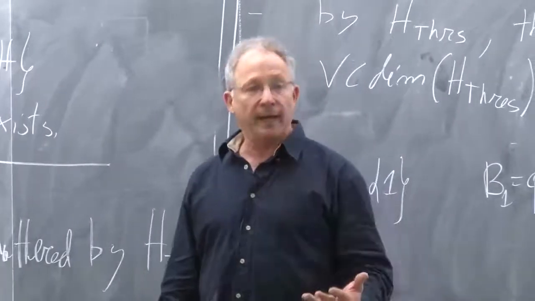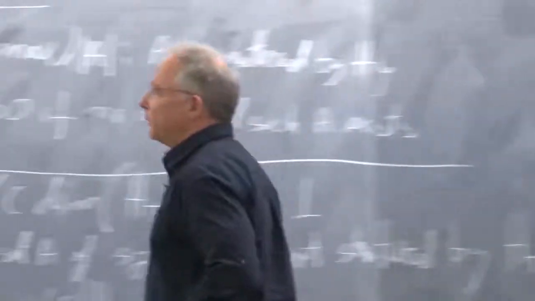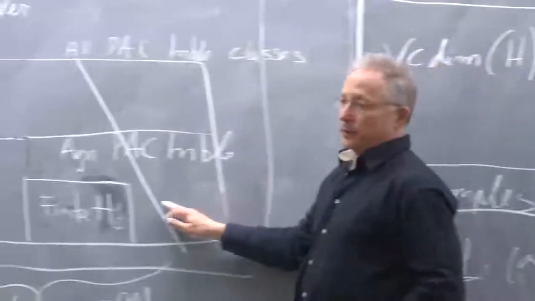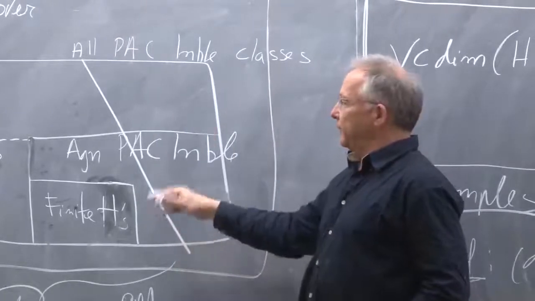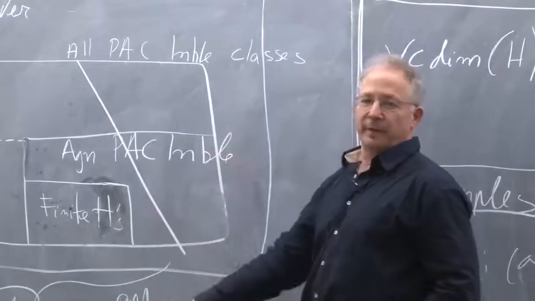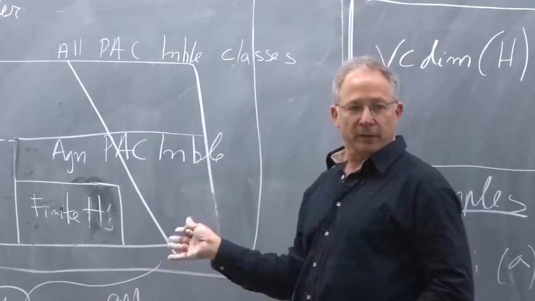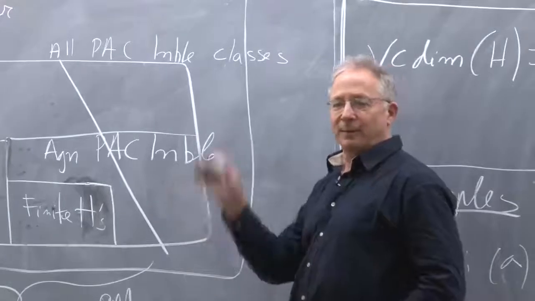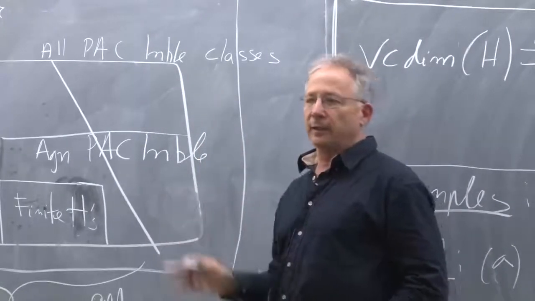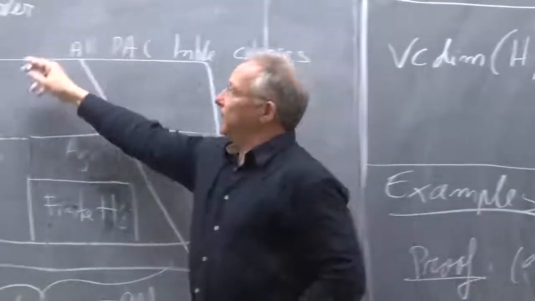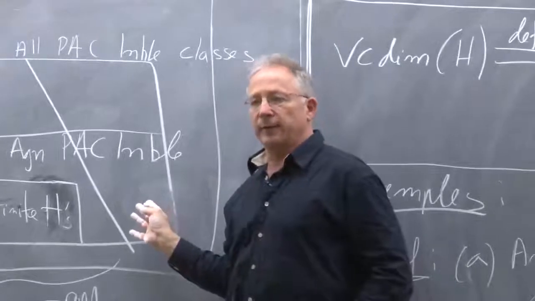And it will turn out that having a finite VC dimension is exactly what is needed to understand this picture. If a class has finite VC dimension, then it is learnable, it is agnostic learnable, it is learnable by ERM. If it does not have a finite VC dimension, then it's not learnable by ERM, not agnostic learnable. The finiteness of the VC dimension turns out to be the exact distinction criteria.